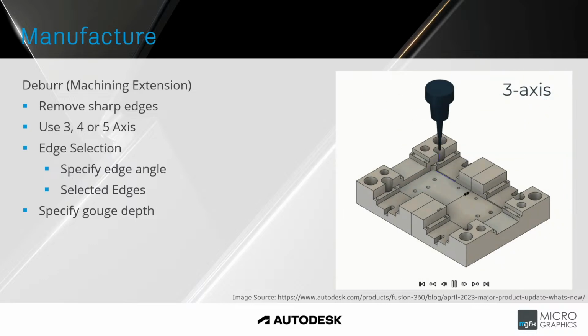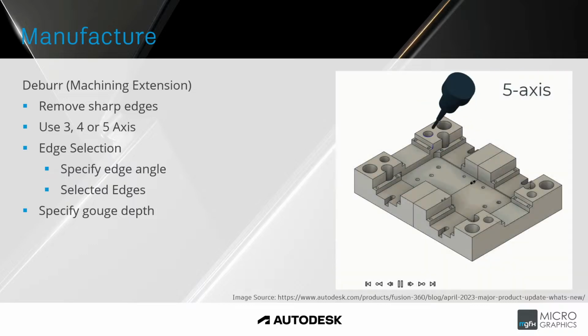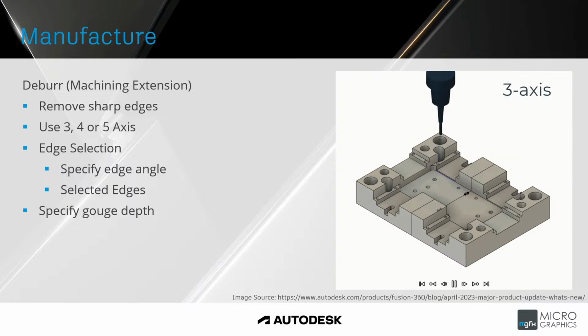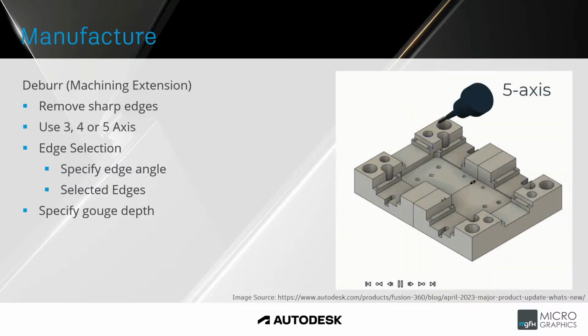Coming back up one, use 3, 4, or 5 axis allows you to limit your deburring operation to 3, 4, or 5th axis. We can see on the animation on the right hand side, 3 axis, so you're only machining in 3 axes, deburring. 4 axis, if you have a rotary, you can do that.